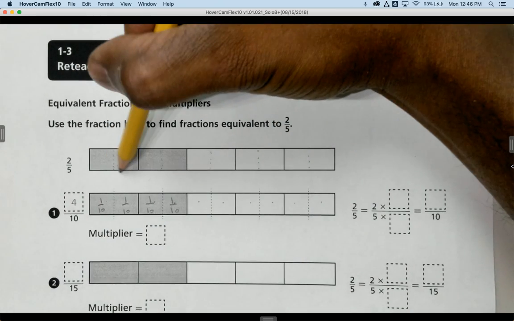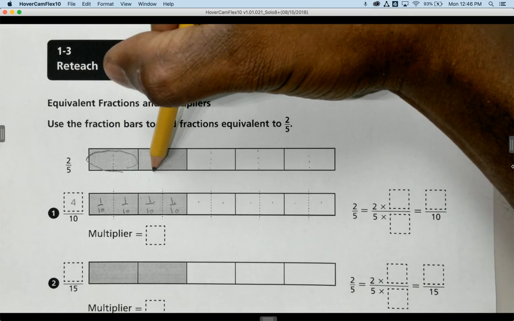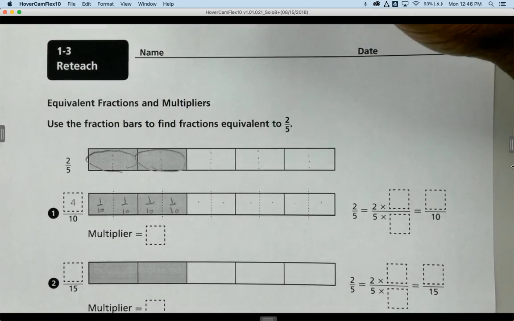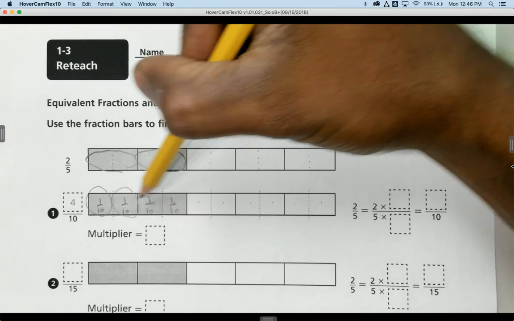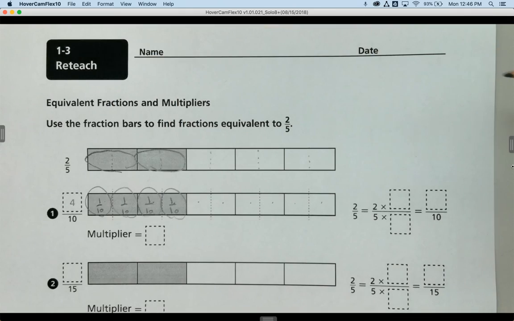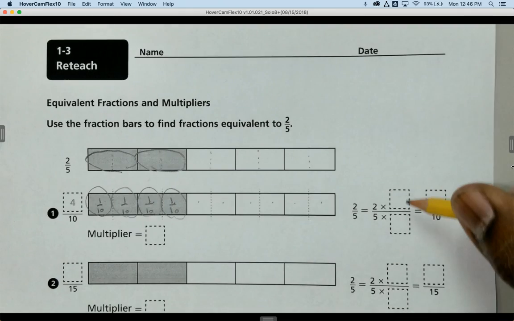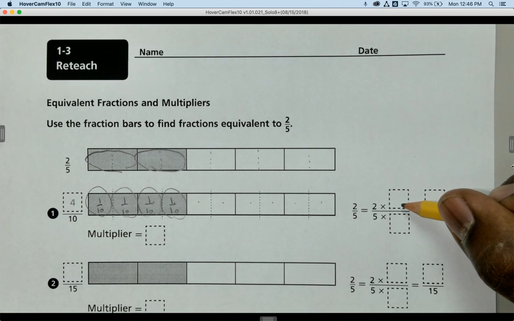Two-fifths is therefore equivalent to 4/10, because what we do to the top, we do to the bottom.